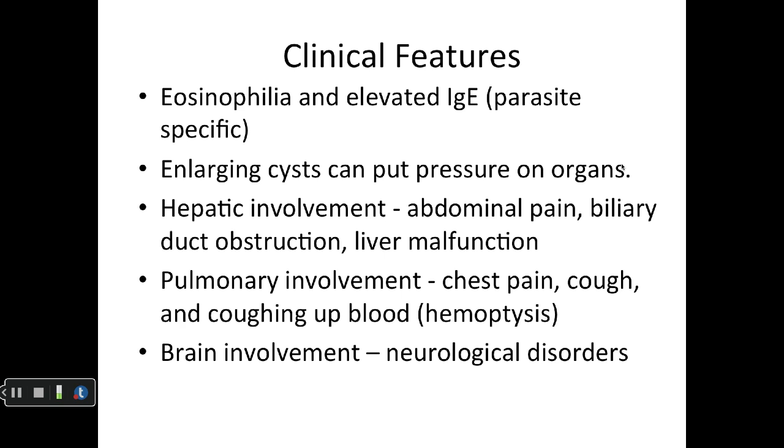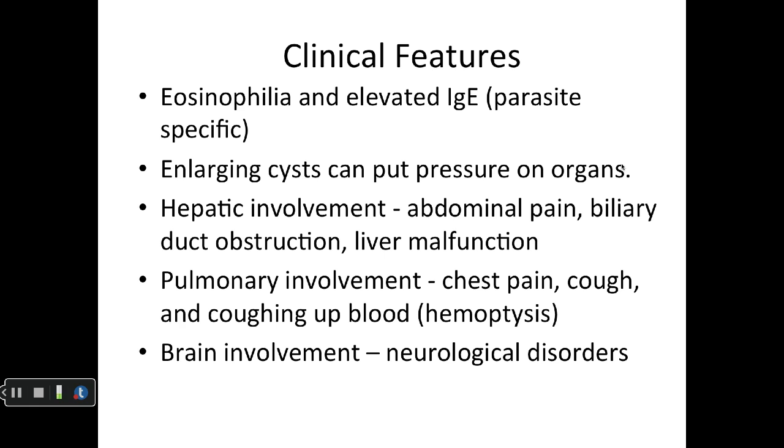Clinical features of hydatidosis or cystic echinococcosis are eosinophilia. So eosinophil numbers are greatly elevated, and if you measured it, you would find elevated levels of parasite-specific IgE in the patient's sera. As these cysts grow, they can put pressure on organs and cause organ dysfunction.